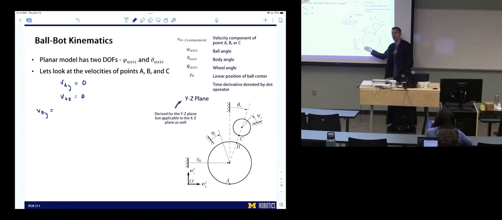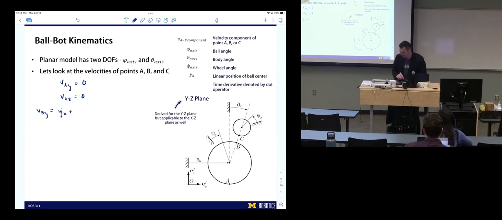How fast it's rolling, which would be yk dot. Plus, what other terms are going to be in here? And what variables? We're looking at the linear velocity of point B in the y direction. Yeah. Also the angular velocity on the radius.